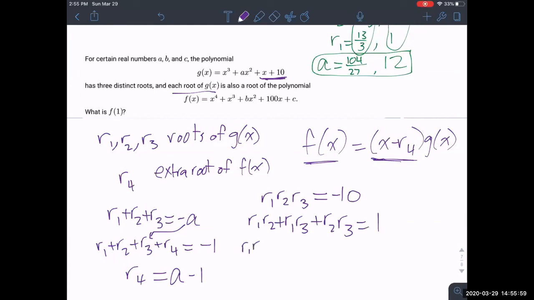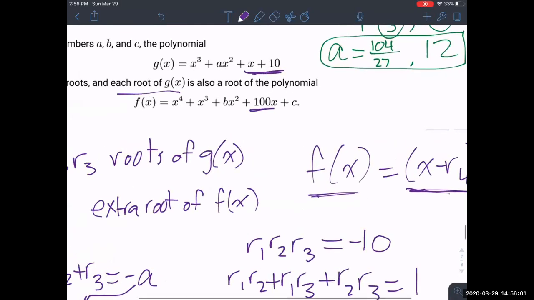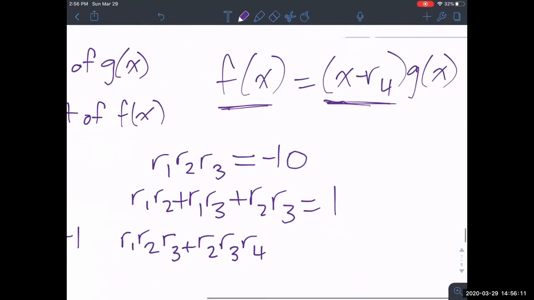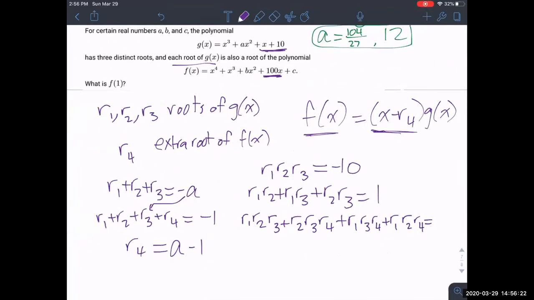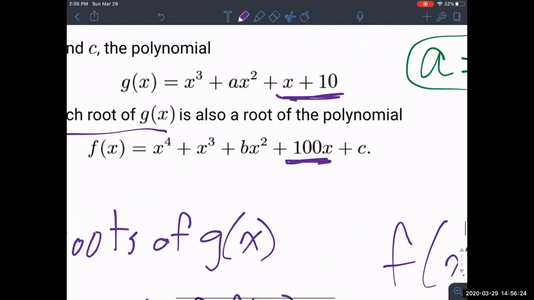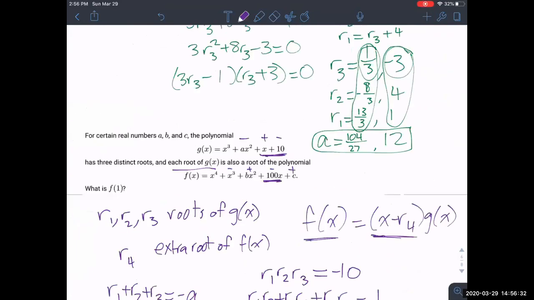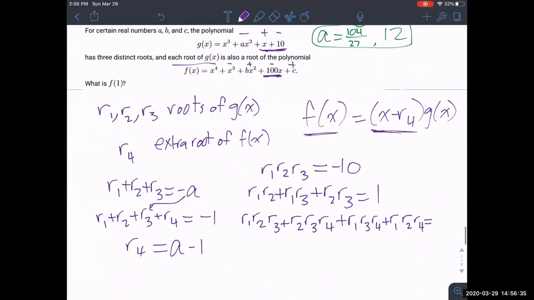Then we use it on this term as well. Make sure you label everything negative, positive, negative, positive, just to prevent any mistakes with regards to signs.